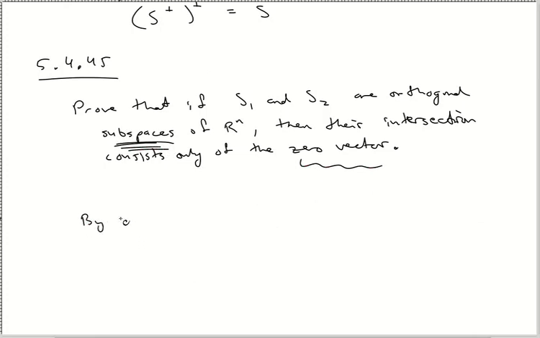I'm just going to lead right into it. Let S1 and S2 be subspaces. By definition of a subspace of Rn, both S1 and S2 contain the zero vector.